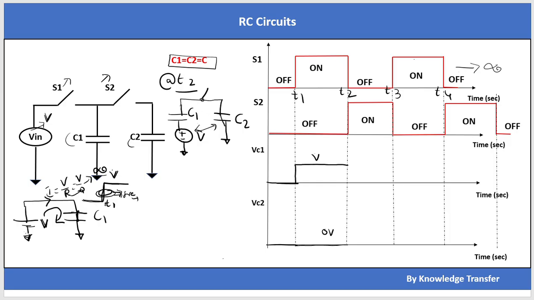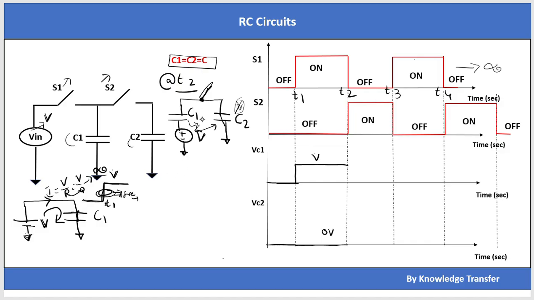Why? Because if I take this node, it should satisfy KVL. Otherwise, if I say it will also go to V volt, no, it cannot go to V volt. Why? Because it's already been charged with some Q charge, and this Q charge can only be distributed between these two capacitors. So we need to know this node voltage.